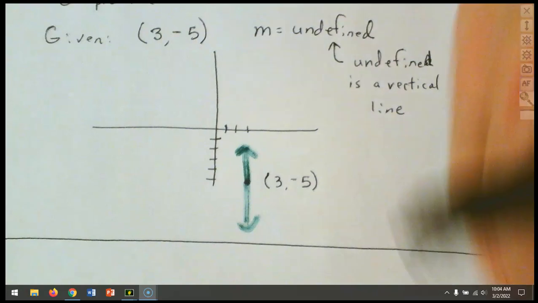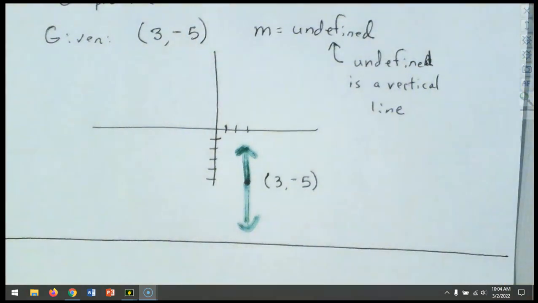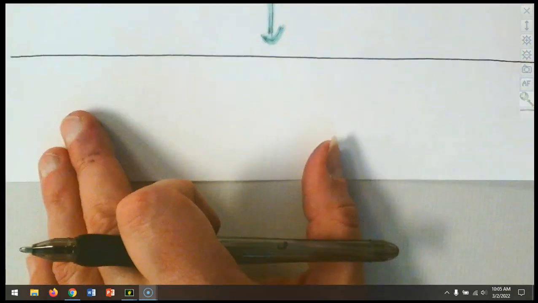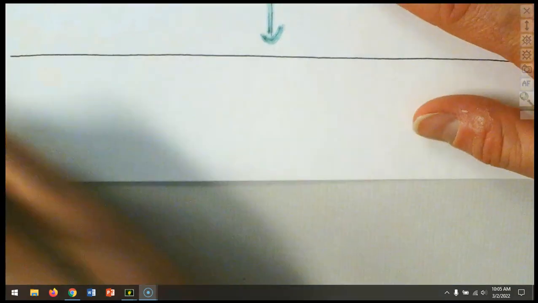The last part of this section is how to find the slope and how to graph a line when you're given an equation. Instead of making a table or a chart or filling in ordered pairs, we can use the equation itself to graph the line. And we're going to be looking at what's called slope-intercept form.